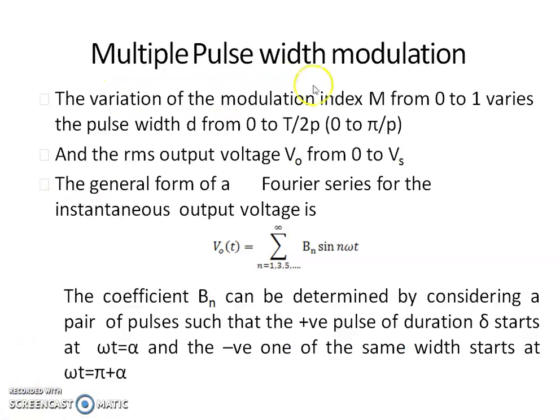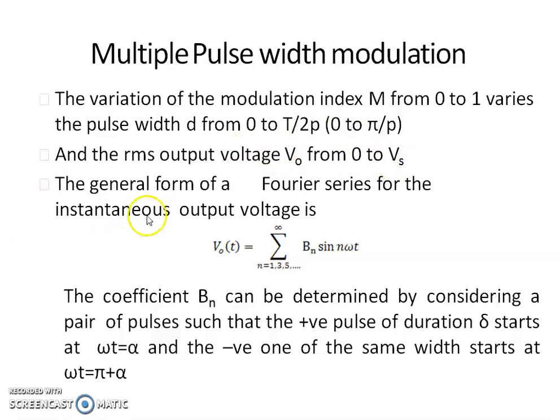The variation of the modulation index M from 0 to 1 varies the pulse width delta from 0 to pi by p, and the output RMS voltage from 0 to the source voltage Vs.